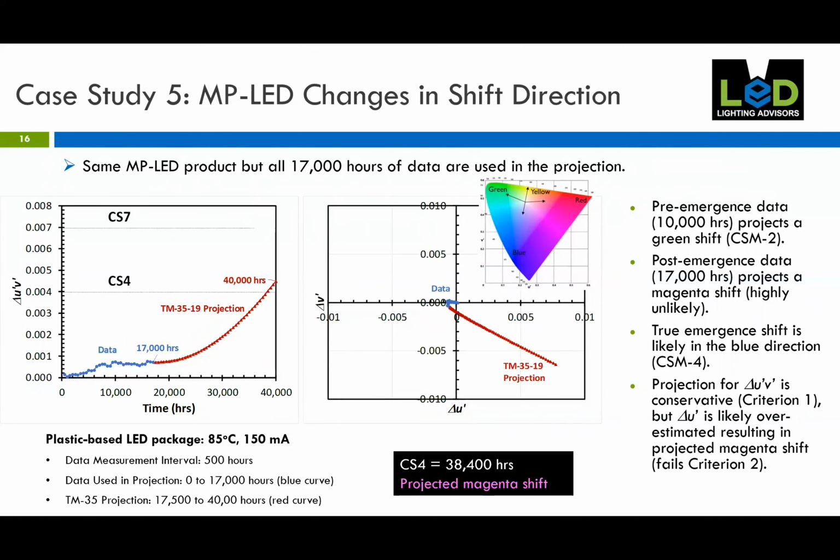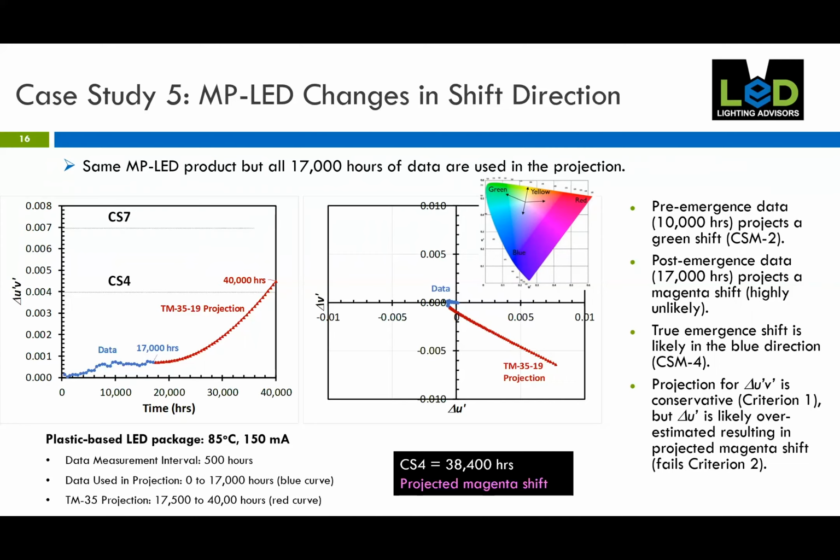So now taking that same LED product and putting the full 17,000 hours of the LM80 data into the projection, we look to see how the behavior will change. And we saw in the previous slide that the 10,000 hour data set was still in pre-emergence phase. It hadn't ended up in its terminal color shift direction. It was changing because it started going towards the green direction, but then it hooks down towards the blue after 13,000 hours.